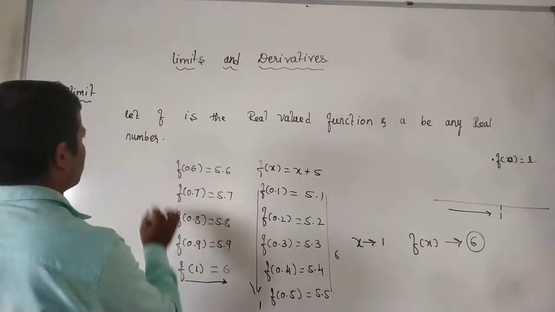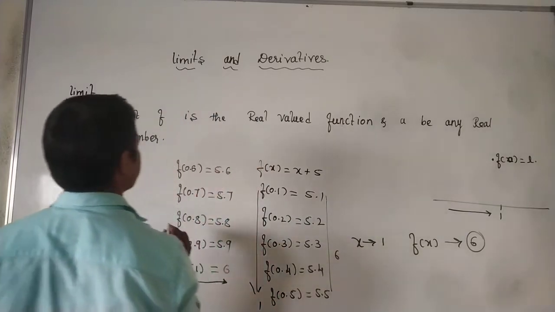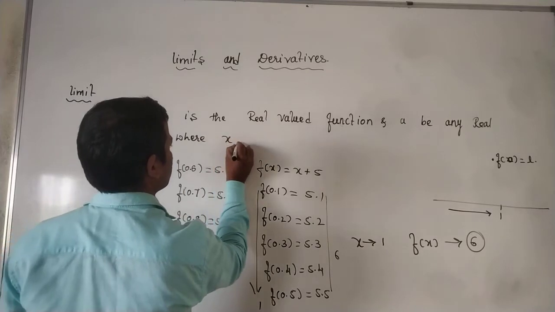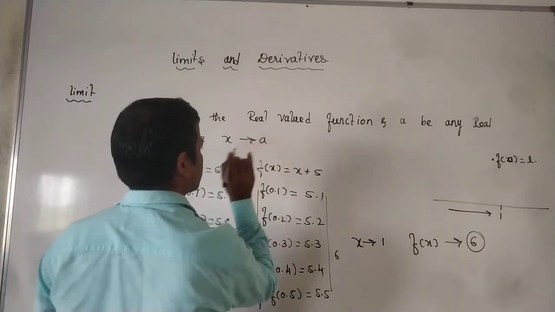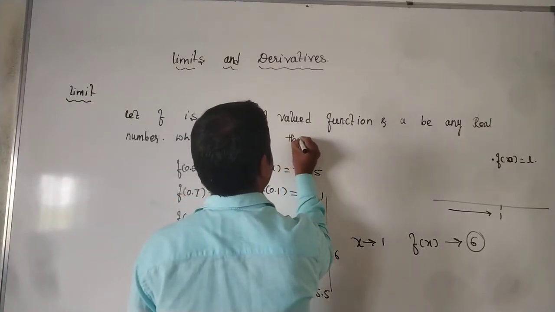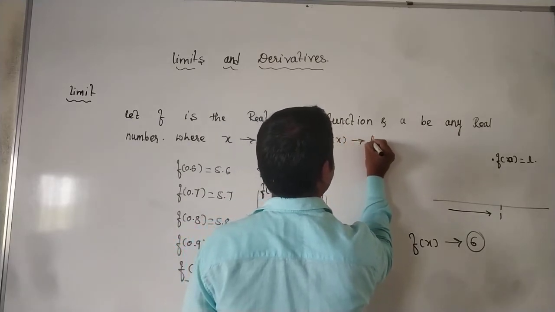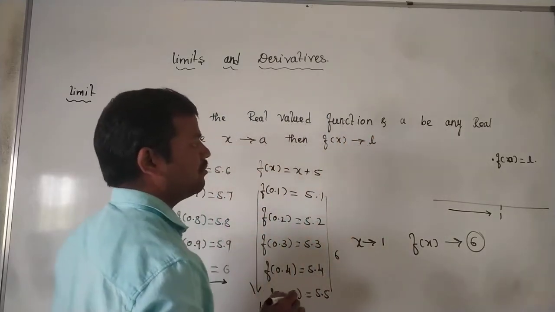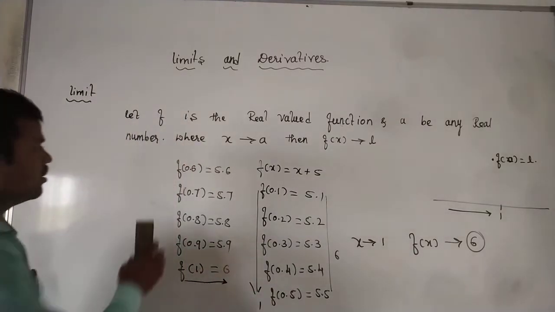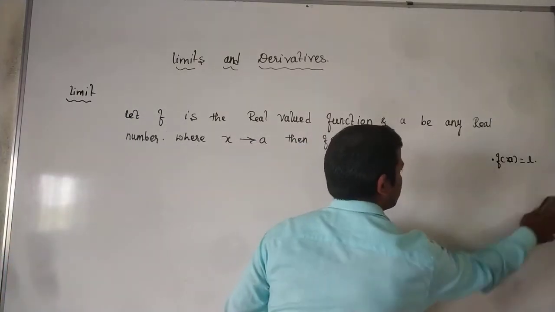Here we are going to define: let f be a real valued function, a be any real number, where x tends to a, means x approaches a, then f of x approaches some real number L, and L is called the limit of the function. ಅವಾಗ ಏನಂತೀವಿ ನಾವು L ಗೆ limit of the function.